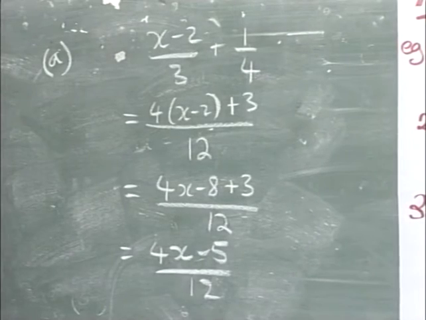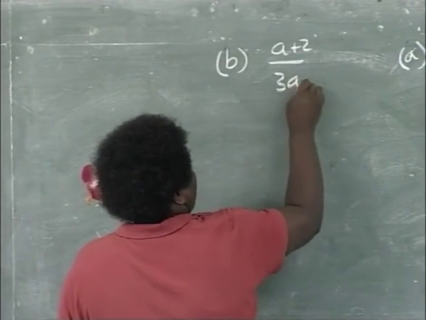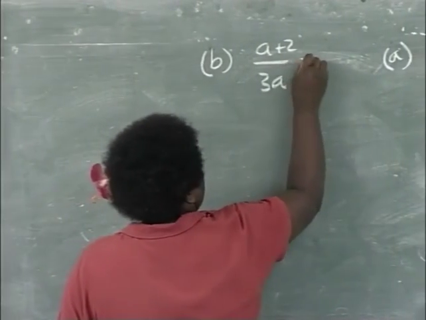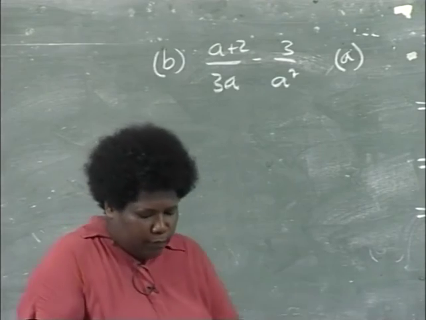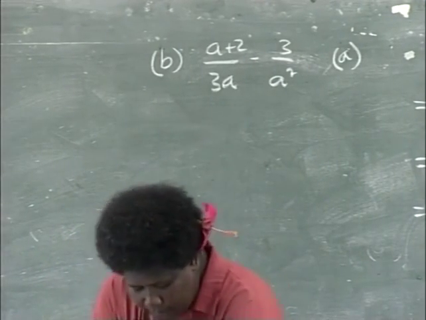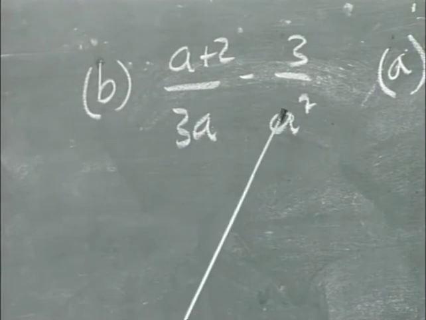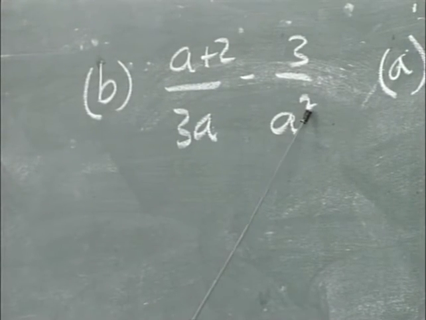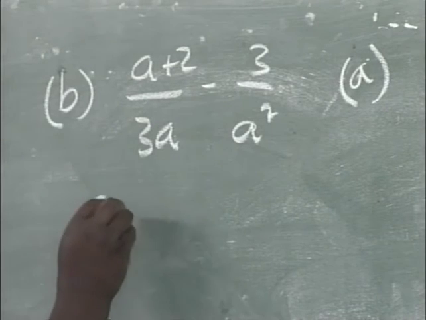Letter B is a plus 2 over 3a minus 3 over a squared. If you see an index, like there's a to the power of 1 here and a to the power of 2, what did I say about this? Which is the term that goes to be the lowest common multiple?